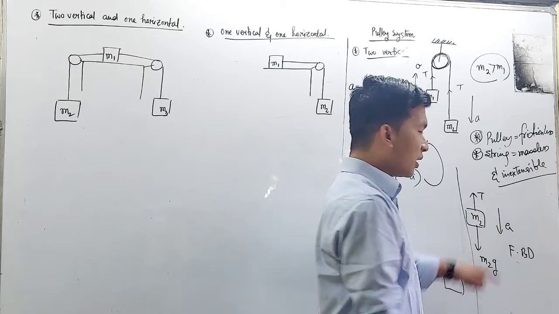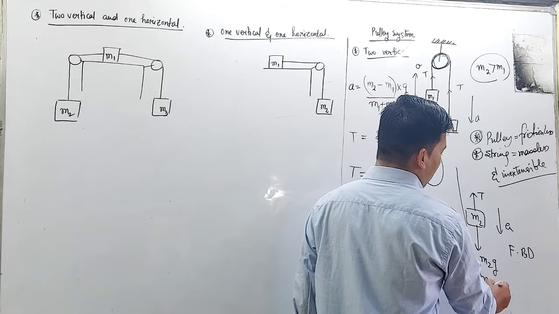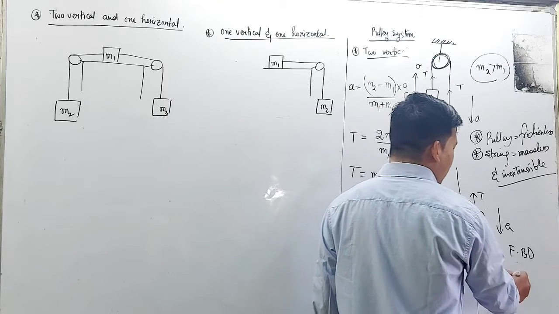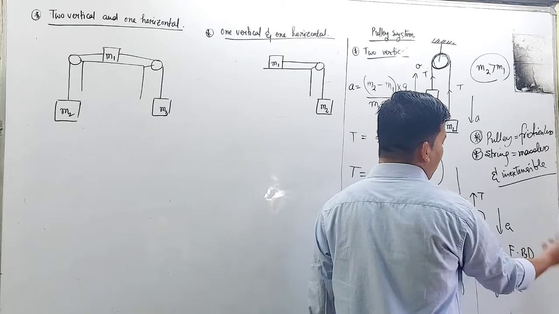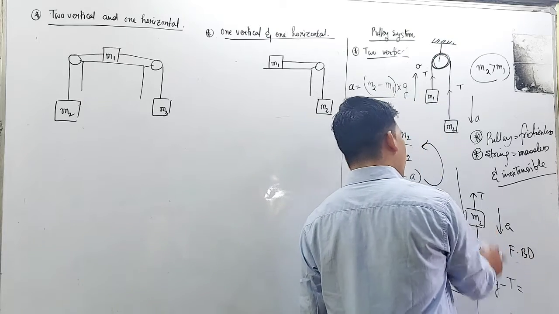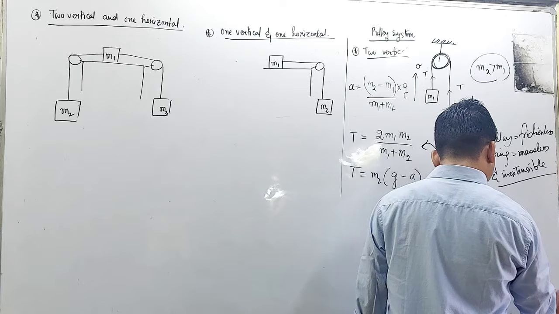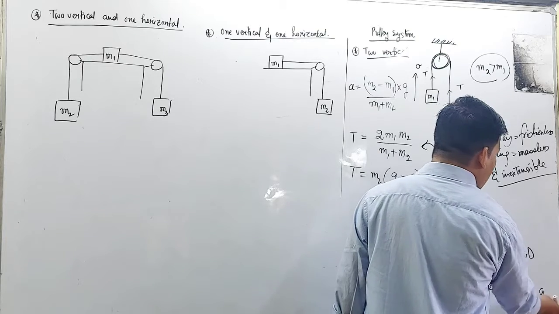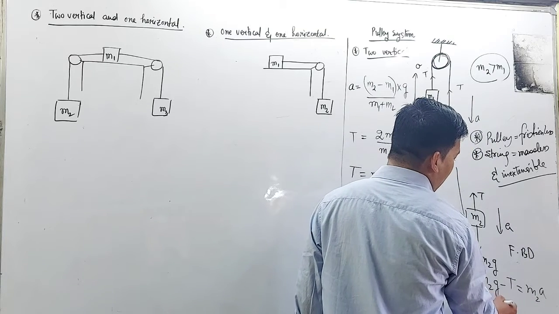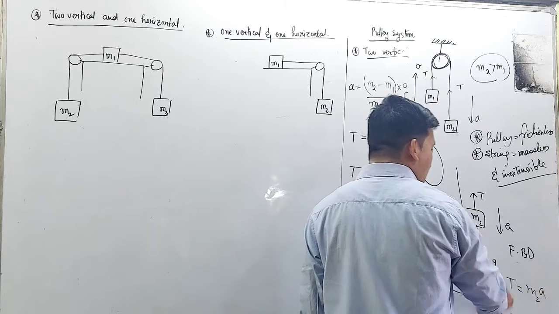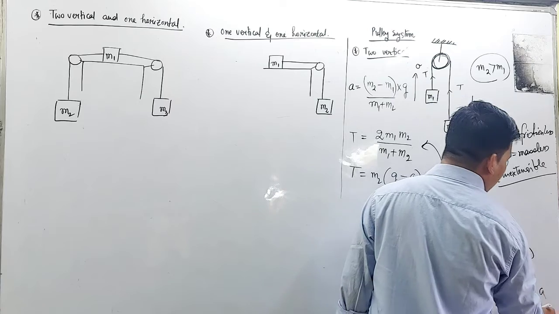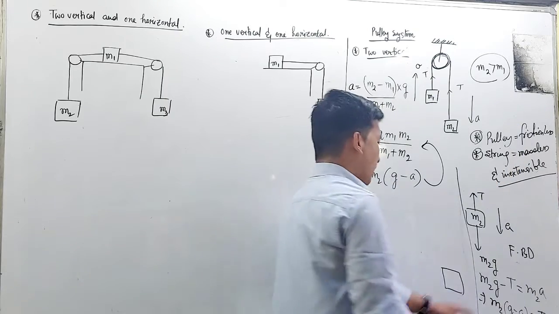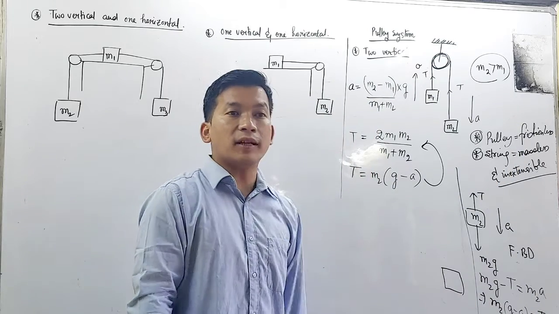And this is M2G minus tension T. The difference between the two forces will also be a force that will be expressed by M2A. This M2 is transferred over here, g minus a, and T transfers over here. We have this tension T. We obtain this direct result.